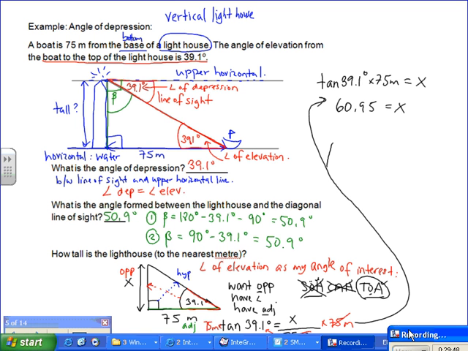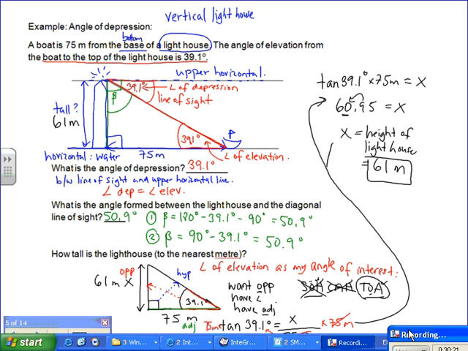So X is the height of my lighthouse, and that is equal to, if I round it to the nearest meter, 61 meters. So I could go back to my diagram there and write that right there. 61 meters is my opposite, that's my X. And I could put that in my original diagram as well.